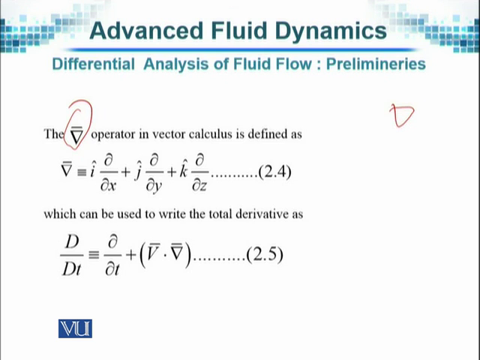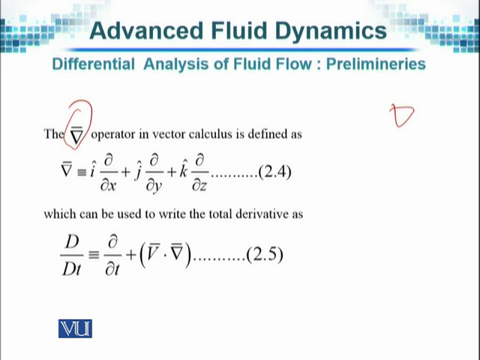And we know from vector calculus that the del operator is identically equal to the partial derivative with respect to x times the unit vector i. Similarly, the partial derivative with respect to y times the unit vector j, and a similar term in the third z direction when we are talking about three-dimensional space.